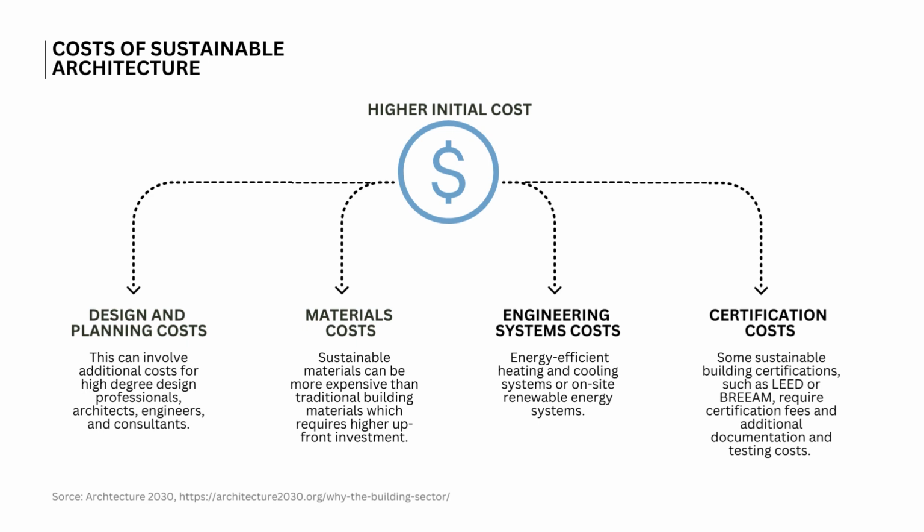Sustainable architecture can involve higher upfront costs than traditional construction methods, but over the building's lifetime, sustainable features can provide cost savings that outweigh these initial costs. Some of the costs associated with sustainable architecture include design and planning costs, material costs, engineering system costs, and certification costs.